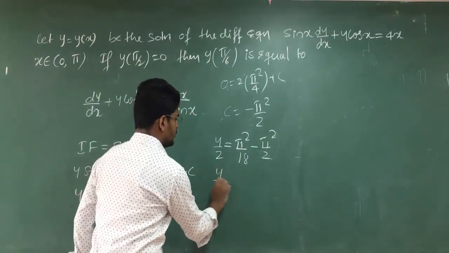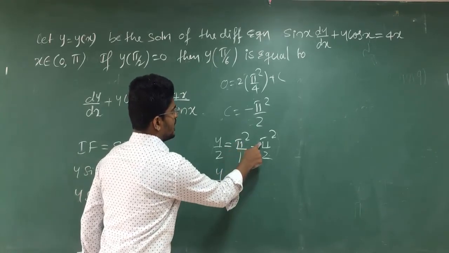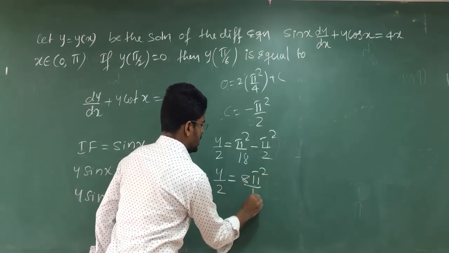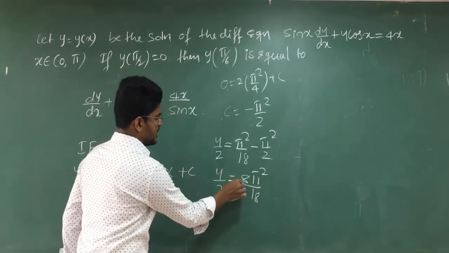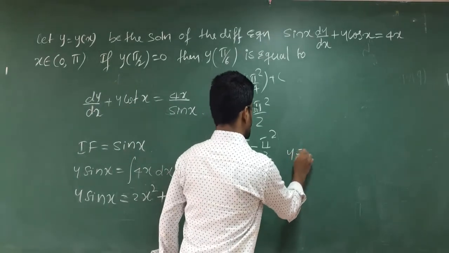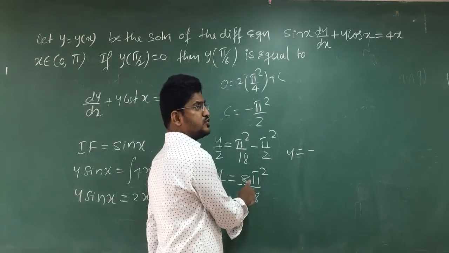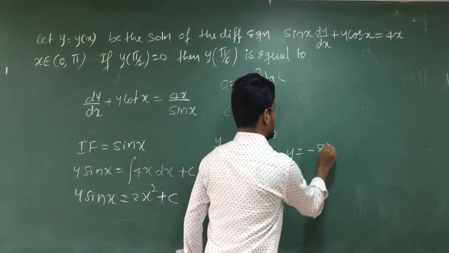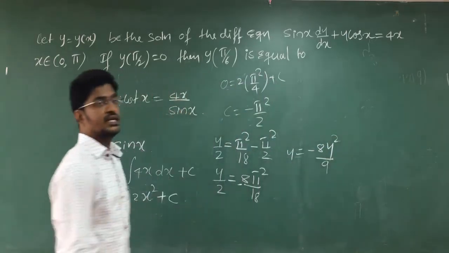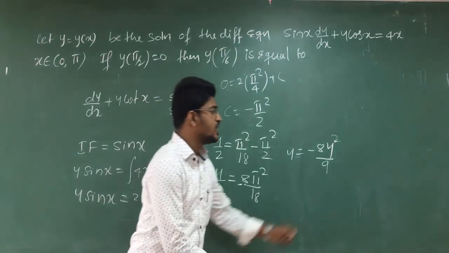If I simplify y by 2, you will get 1 minus 9, that is minus 8 pi square by 18. If you simplify this, you are going to have y equal to minus 16, that is 2 into 8, by 18, so minus 8 pi square by 9 is your answer.